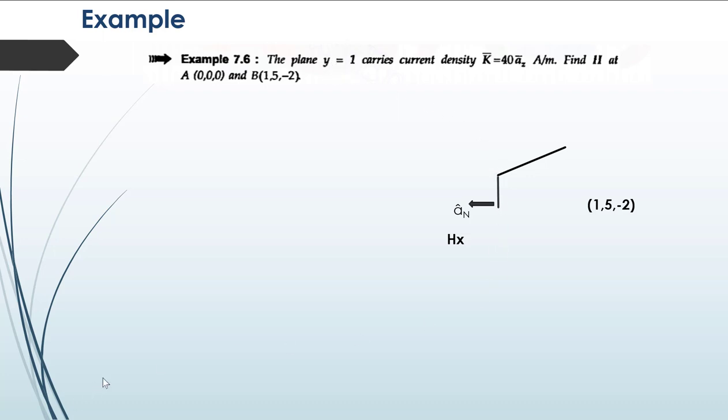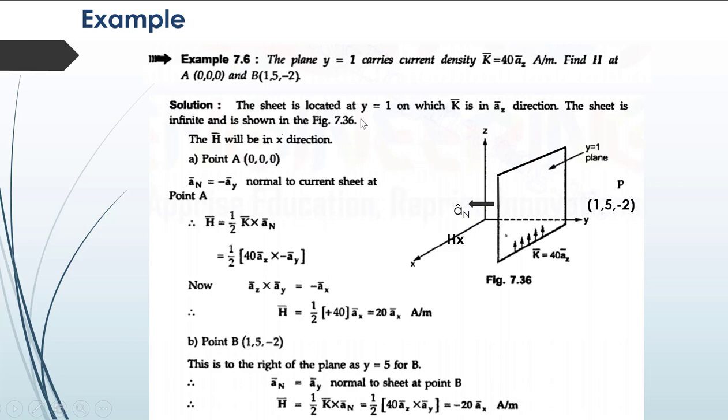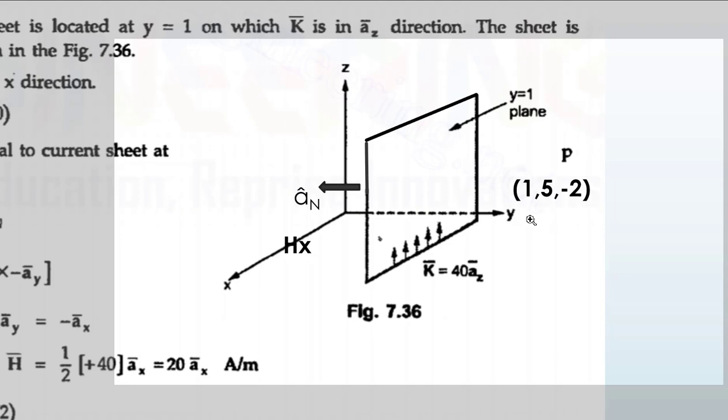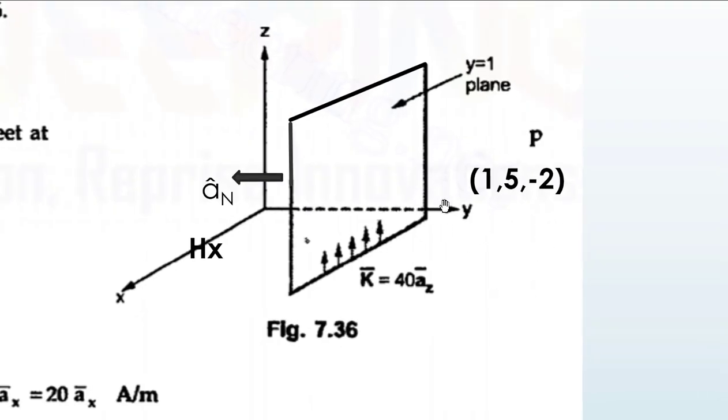So the plane looks like this: in the XYZ system, we place a plane at y equal to 1, and because of this plane we have to find H at the origin, that is at (0, 0, 0), and at another point B (1, 5, -2). So let us concentrate first on the point at the origin.